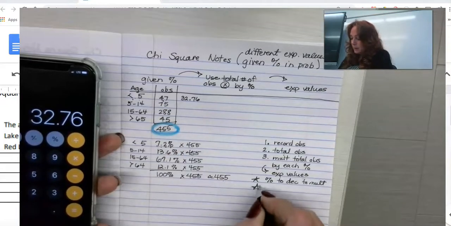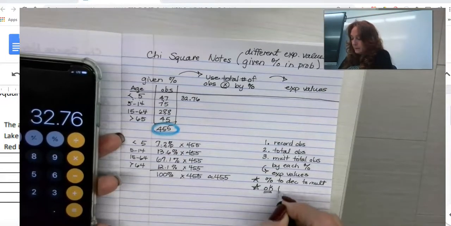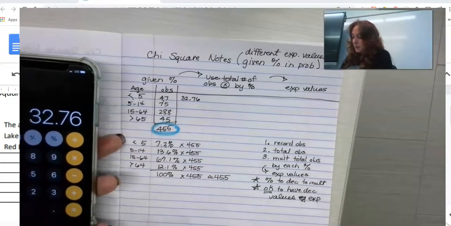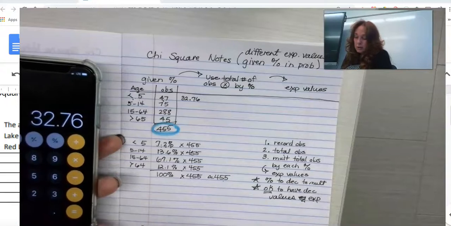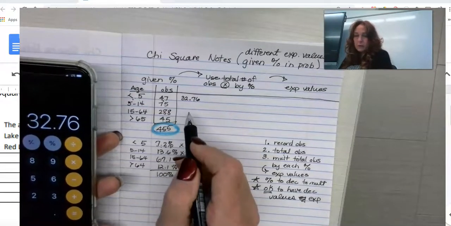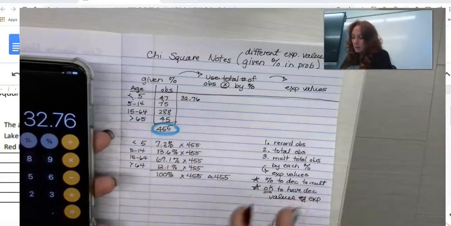So it's okay to have decimal values in your expected. So I usually go to 2 decimal places. There's no magic to any of it, but that's what the critical value would be from the table. So that's where I tend to stay.